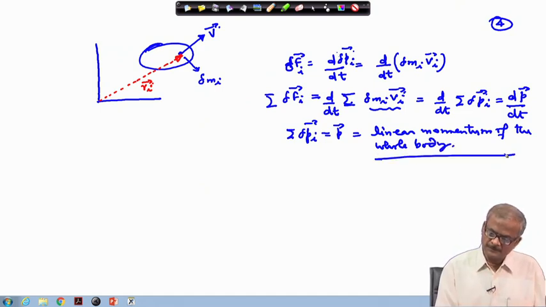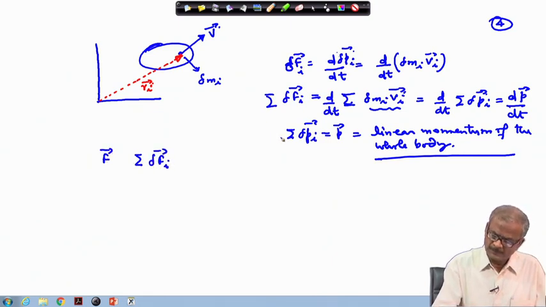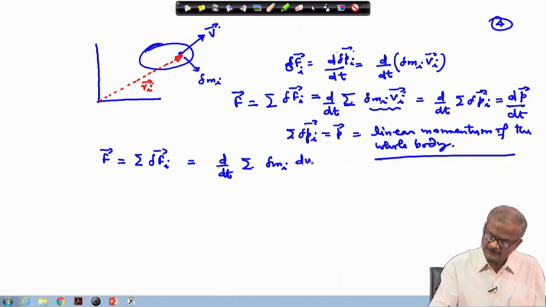Okay. So, this particular equation we can play with a little bit more. So, we have delta f I, you can put here f, and this we can write as d r I by dt.